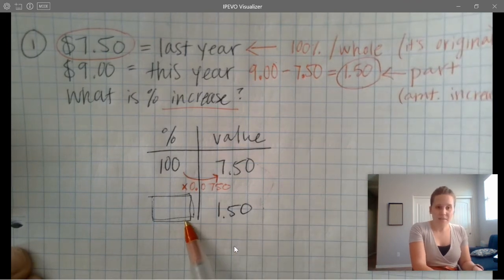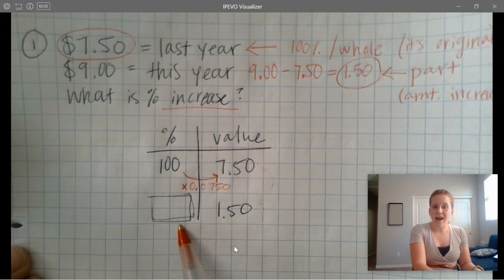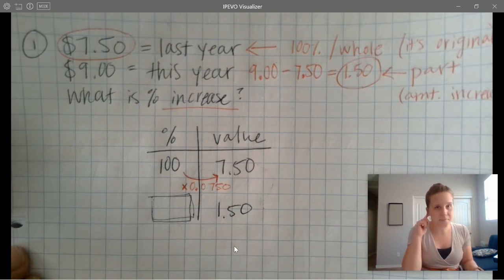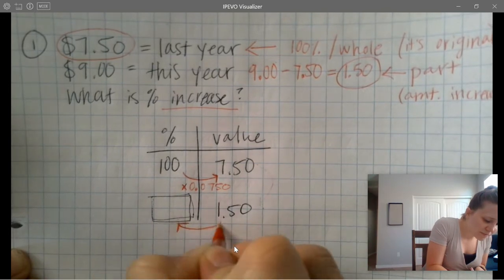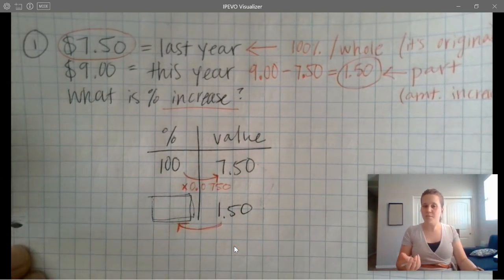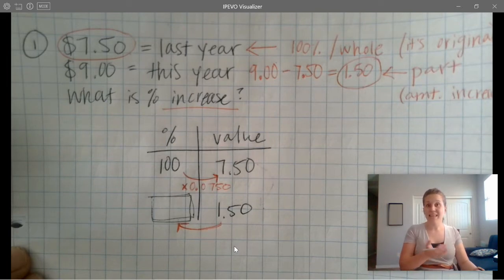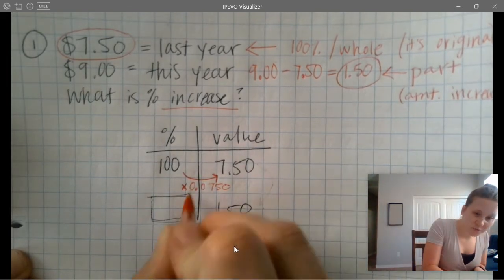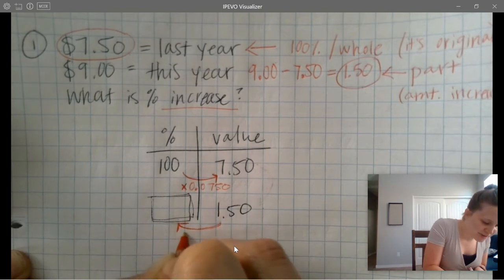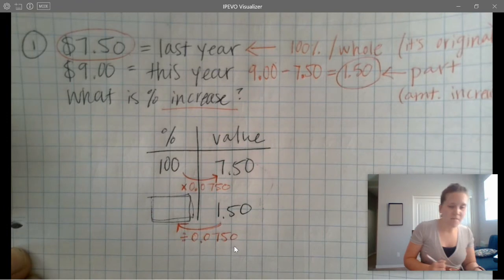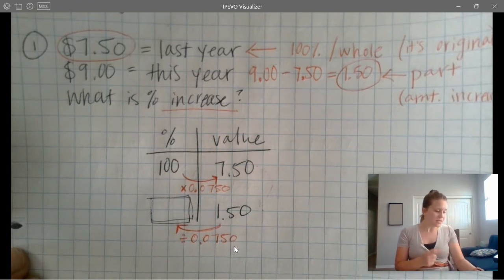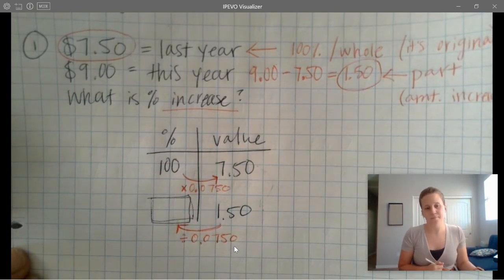Now, trying to solve for my missing value, I actually want to go the opposite direction. The opposite? Yes. So I'm going to draw my arrow the other way. Can I multiply by that same number? No, I've got to do the inverse. Because I switched direction, I'm going to now divide by that number, 750 10,000ths.